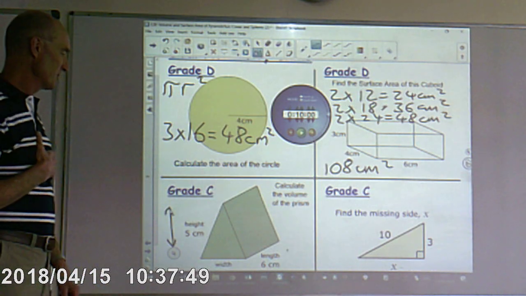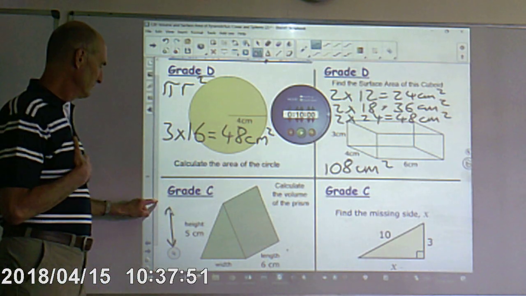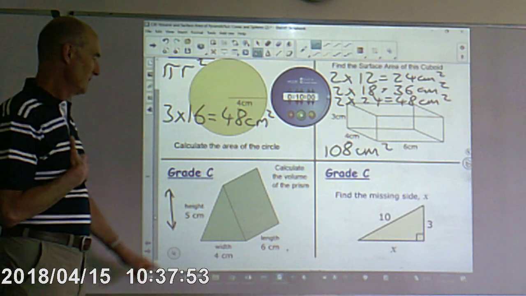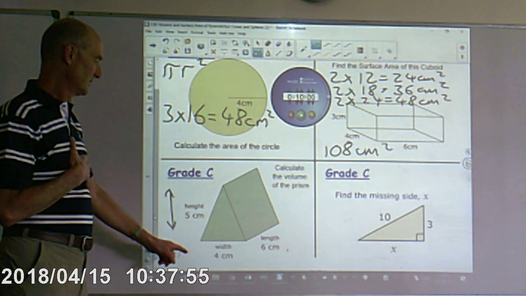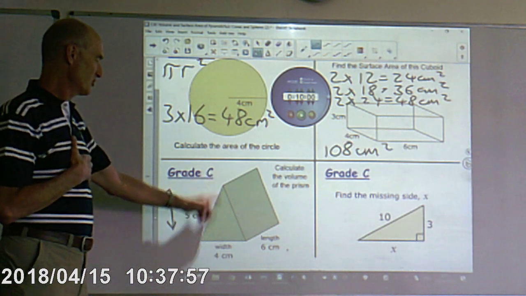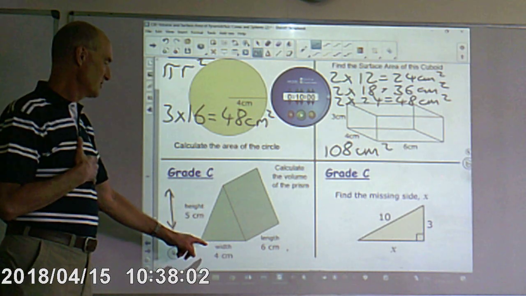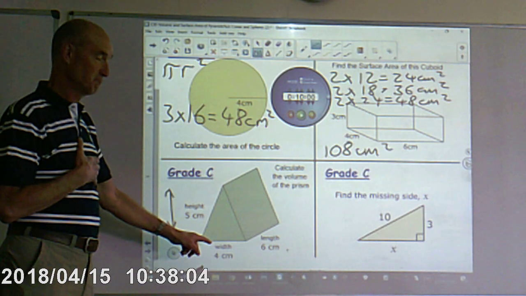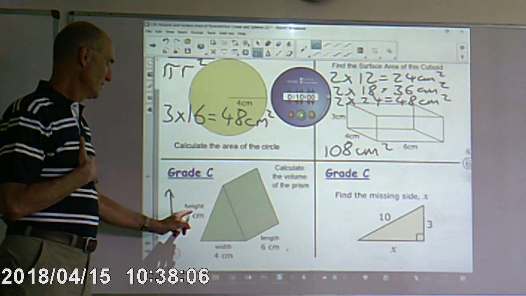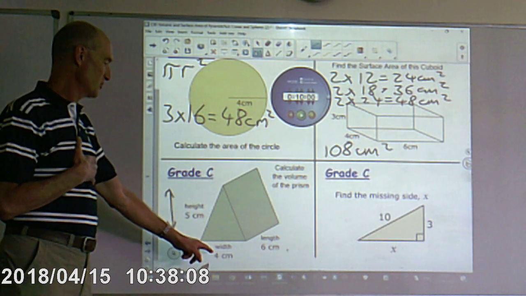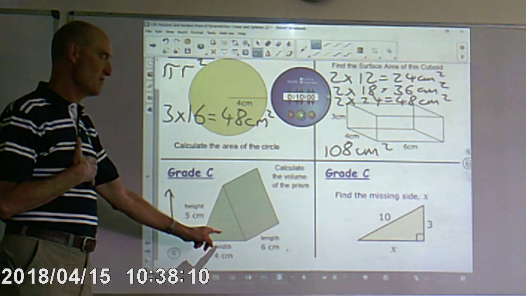Calculate the volume of the prism. Right, whoa. Volume of the prism. We know the height of this triangle is 5 centimetres, the base is 4 centimetres. Sorry if you didn't see that. That's my fault. So 5 centimetres times 4 centimetres to give me the area, but what have we got to do?